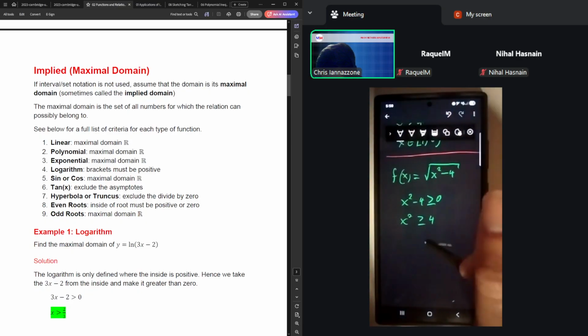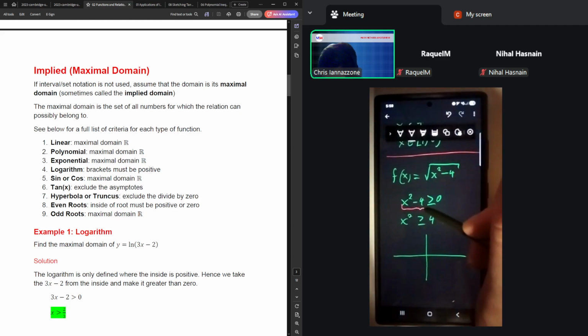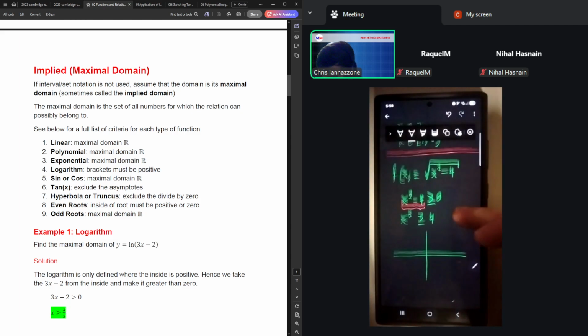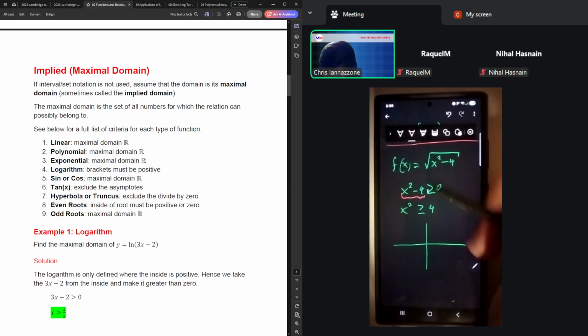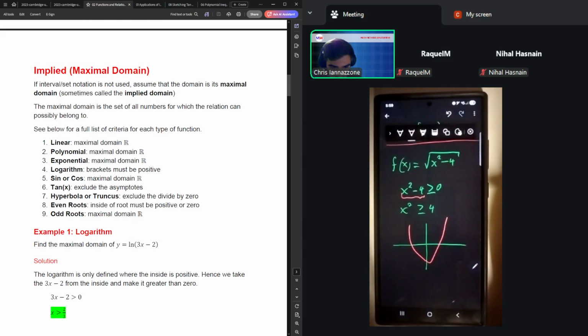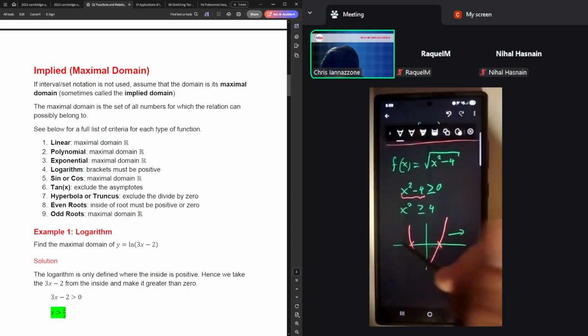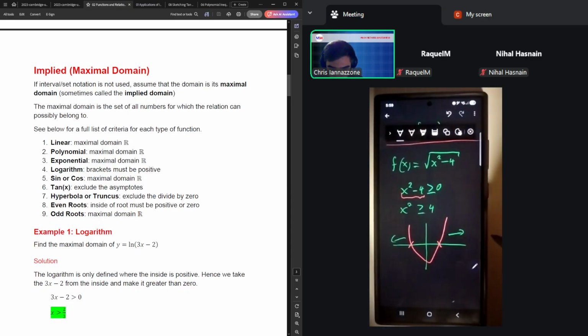So yes, you can do it the way you've done it, but it's just as easy to sketch what you've done, right? You've got everything on the same side. x squared take 4 takes zero effort to sketch. It's just shifted down by 4. And then even just looking, where is it greater than 0? Well, it's outside of this and outside of this because you have positive y values.